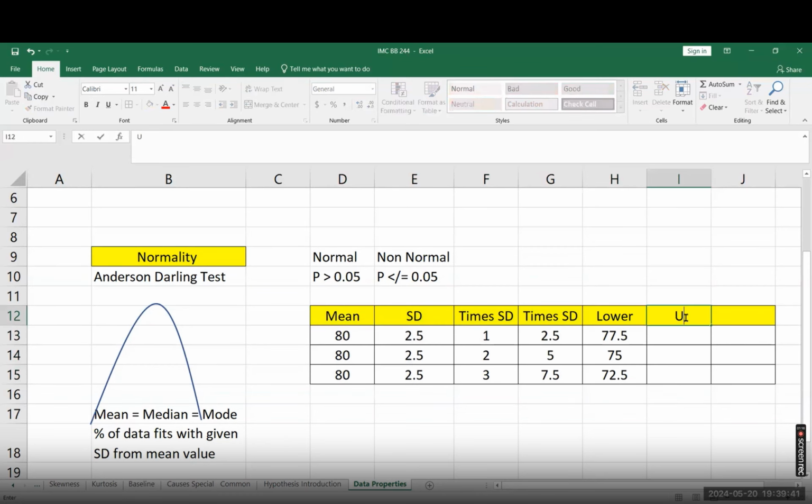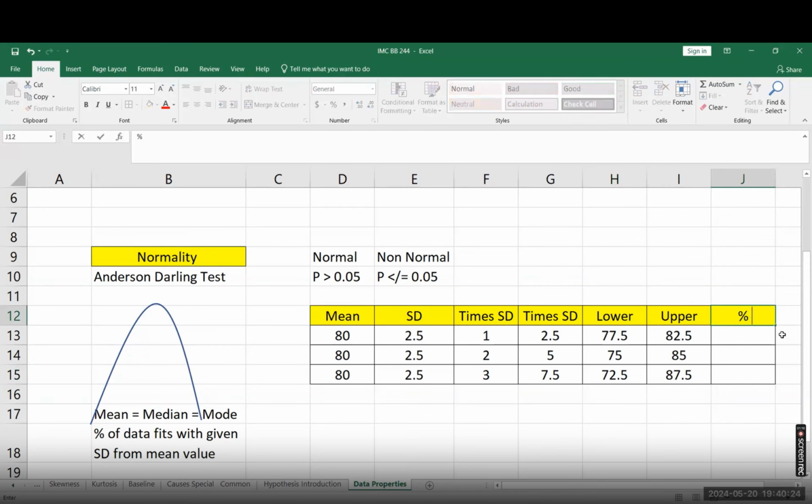And I will calculate the upper value, which is mean plus 1 time of standard deviation, or 2 times or 3 times. So these values are giving me the statistical range. Like 77.5 to 82.5 is 1 time standard deviation. 75 to 85 is the 2 times standard deviation. And 72.5 to 87.5 is the 3 times of standard deviation. Right?